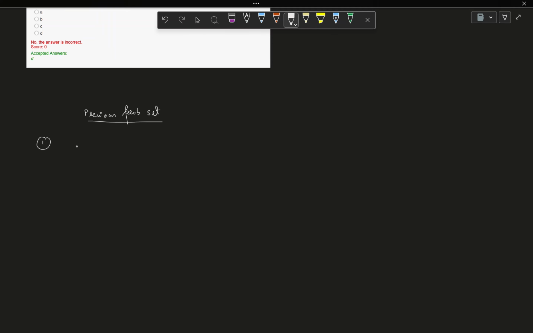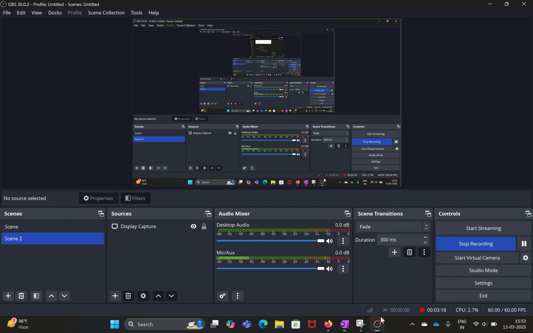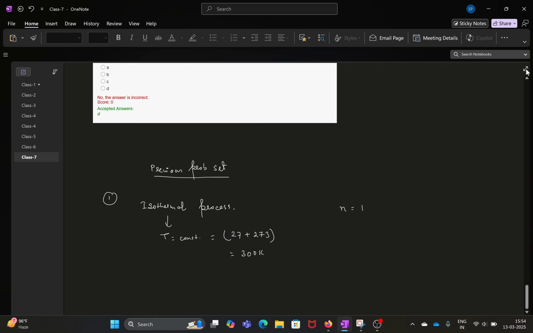So the first problem is saying that it is an isothermal process. As I said, isothermal means that throughout the process the temperature is constant, T is equal to constant, and that constant value they have mentioned is 27 degrees centigrade. That is 27 plus 273, which is equal to 300 Kelvin, right? And the quantity of the gas is 1 gram mole.